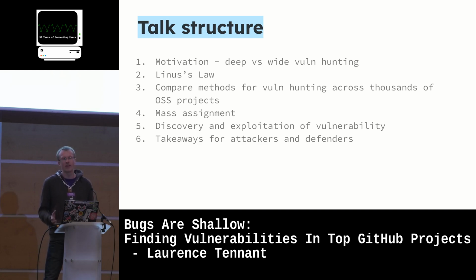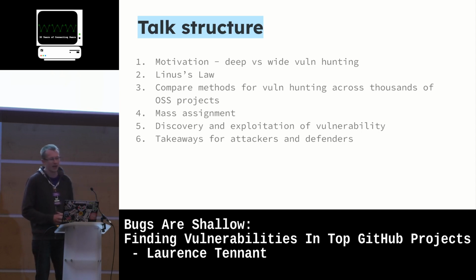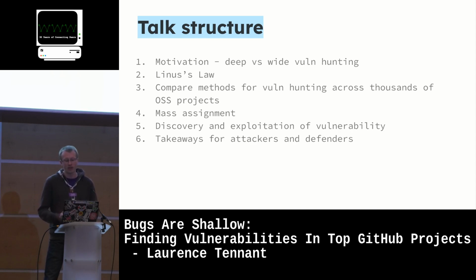Then we're going to look into mass assignment, which is the vulnerability class that I decided to narrow in on, and I will talk about why at that point. Then we're going to deep dive into the discovery and exploitation of a particular vulnerability that I found in the top most starred GitHub project. And finally, there'll be takeaways for both attackers and defenders from this research.